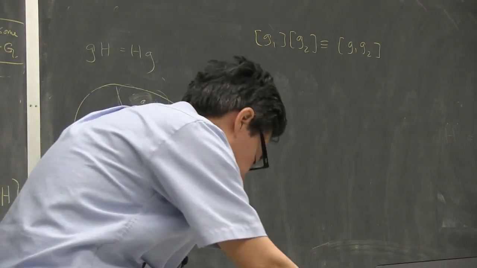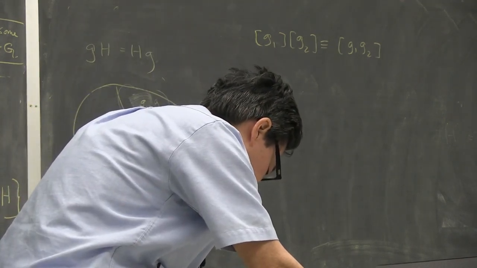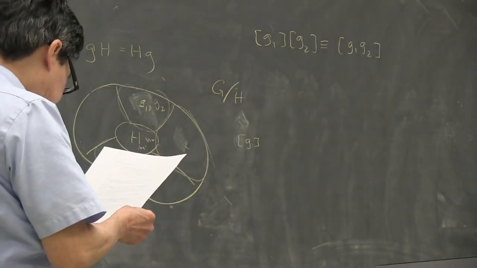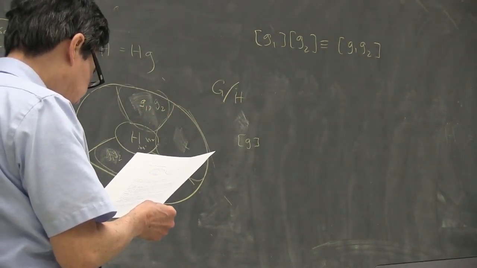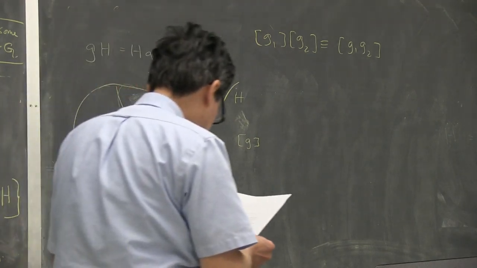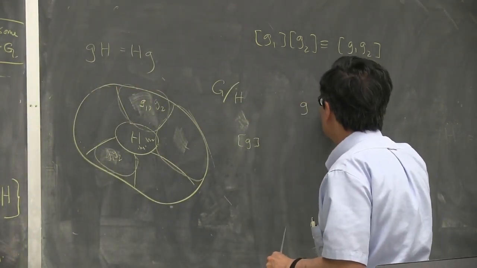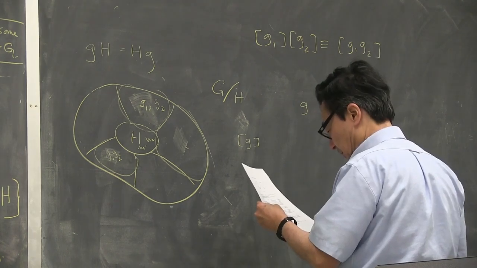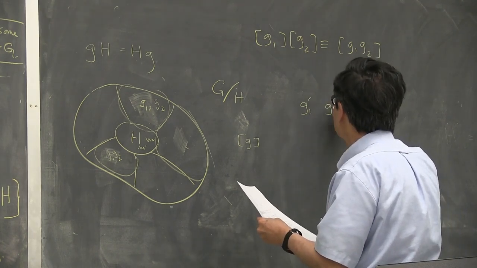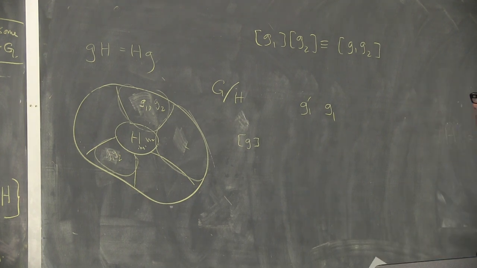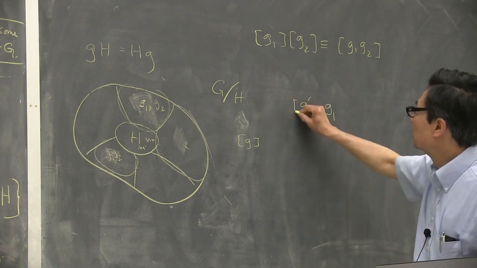Okay? So let's just take, suppose I take g1 and g1 prime, and both of them sit within the same coset.